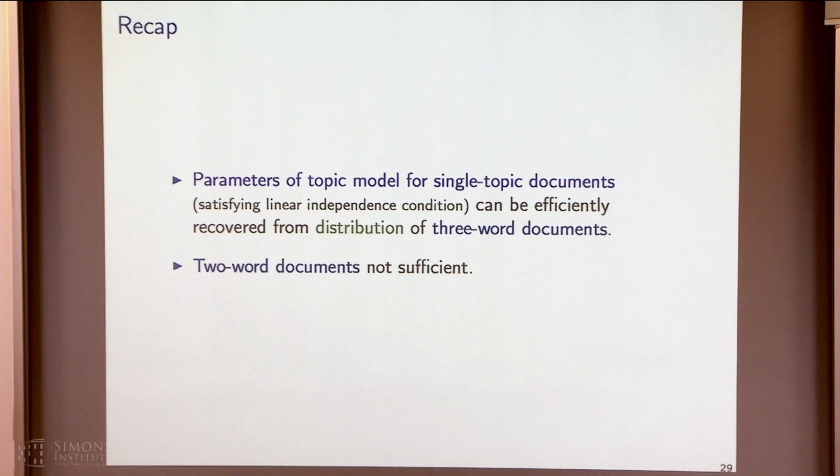If you just had a distribution on 2-word documents, unfortunately, without some further conditions, it was not identifiable. But distributions on 3 words are not that much worse to estimate than distributions on 2 words. As you go higher and higher, maybe it gets much more difficult.